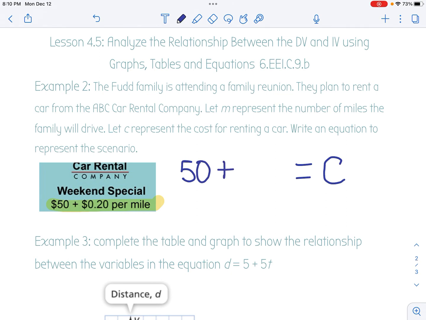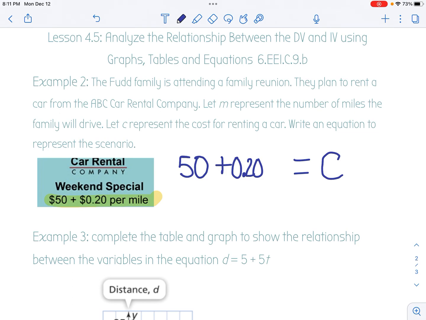And then on top of that, I also have to pay 20 cents every single mile. And since I don't know how many miles I'm going to drive, I'm going to put a variable of M to show that I am going to multiply however many miles I drive. I'm going to multiply that by 20 cents to figure out my total cost.